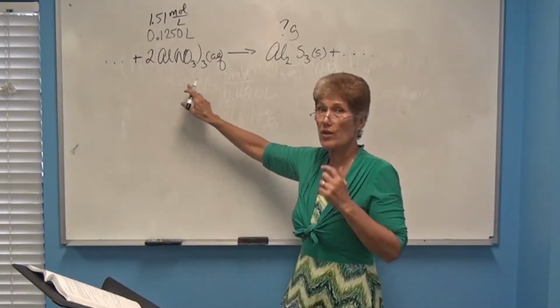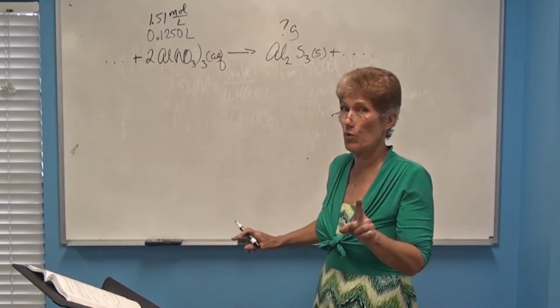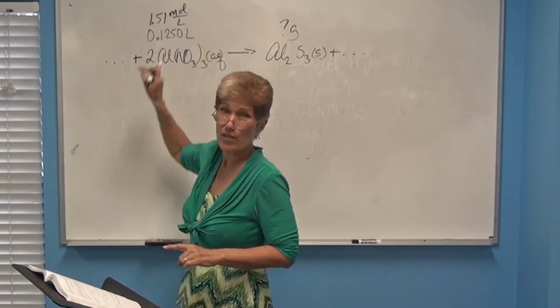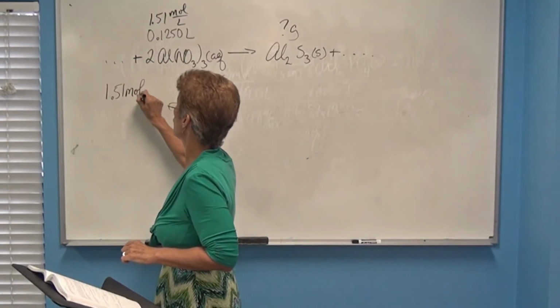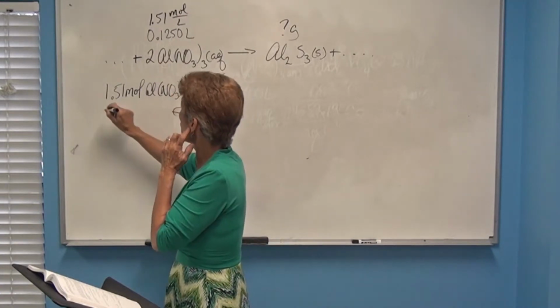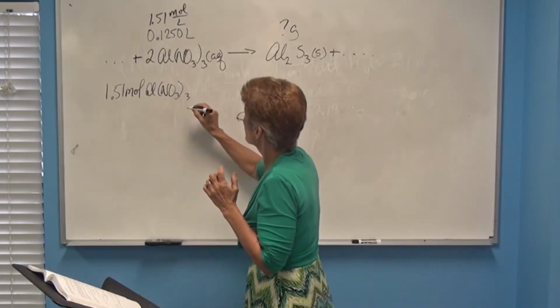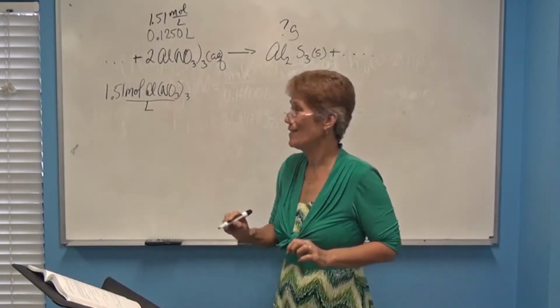I'm going to start where there's no question mark and go to where there is a question mark. I know to get from here to here, I have to go through moles. My moles is hidden right here, isn't it? So I'm going to go 1.51 moles of aluminum nitrate per liter, because that's molarity, isn't it?